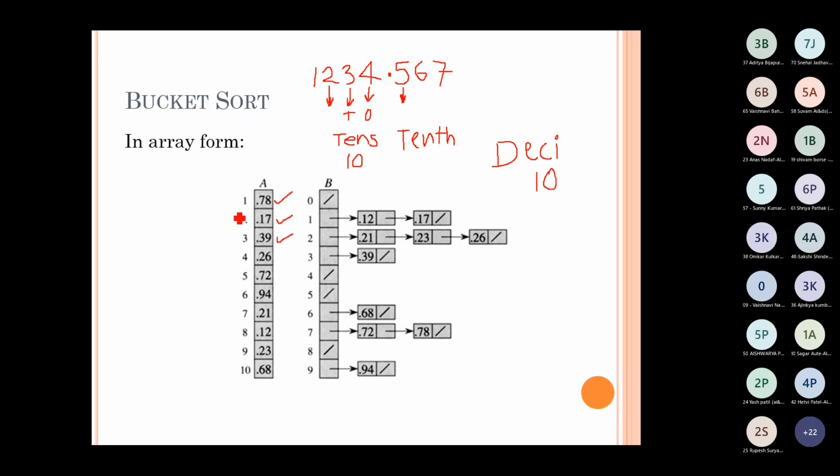That means these numbers are made up of only 10 different symbols, 0 to 9. These are the only symbols with the help of which we are creating these numbers.